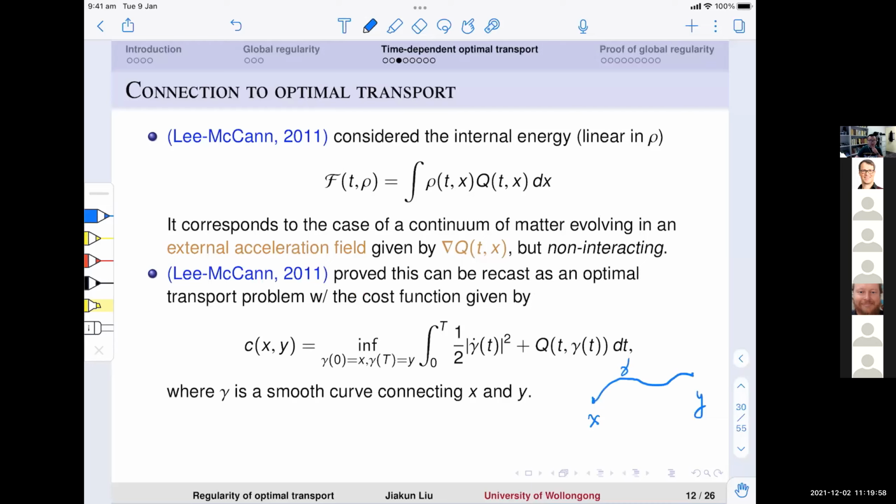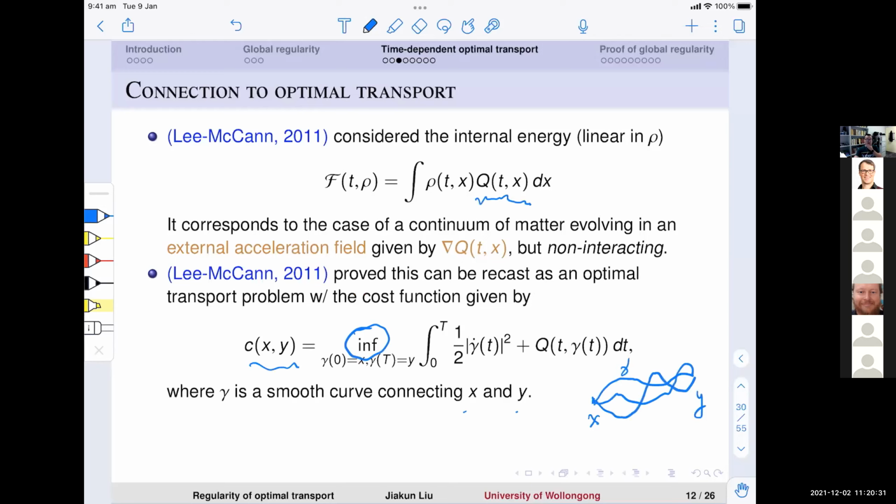So gamma is a smooth curve connecting x and y, and then the cost is given by half the square of gamma dot, the derivative of gamma, plus this external function q. That makes sense? Then we choose the minimum. Of course you have different paths from x to y, so we choose the infimum.